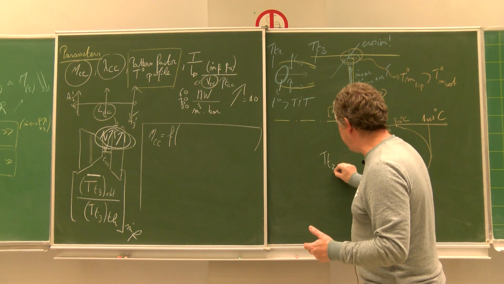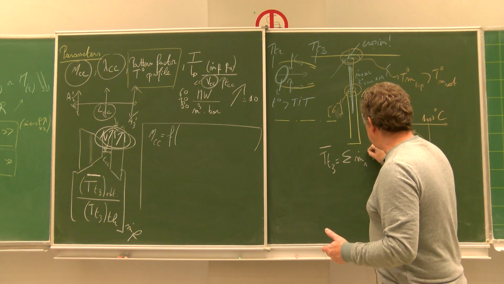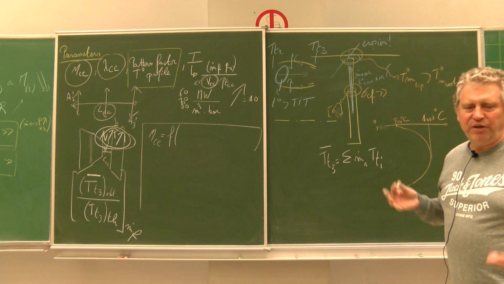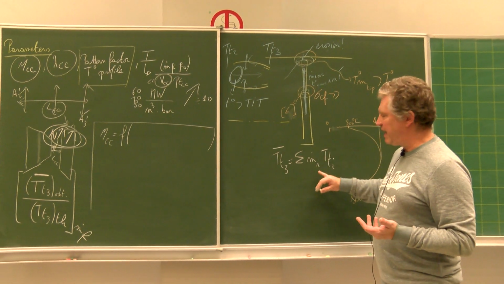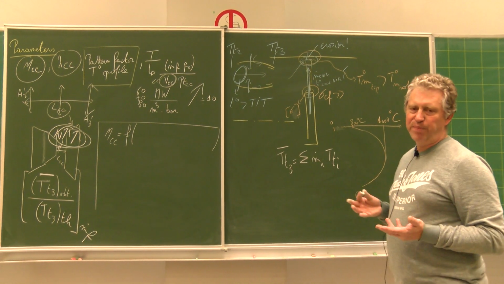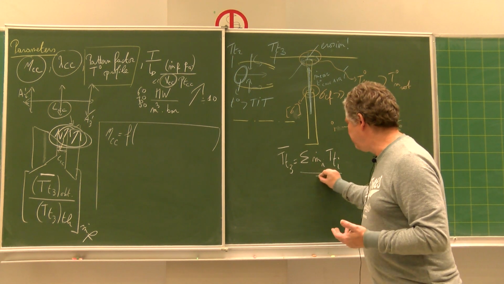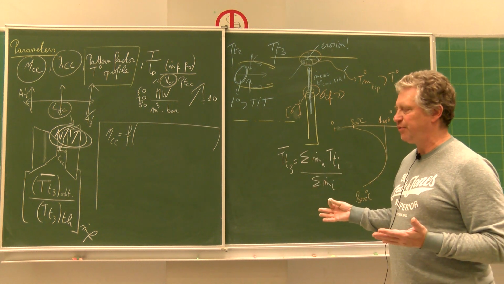This TT3 average is the sum of m dot i TTi. If you have, I don't know, 7 thermocouples measuring TTi, each of them is seeing or is related with a certain mass flow rate, and you divide that by the sum of the mass flow rates, and you obtain this TT3.